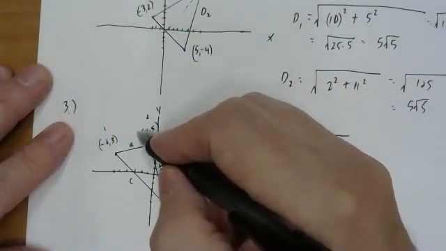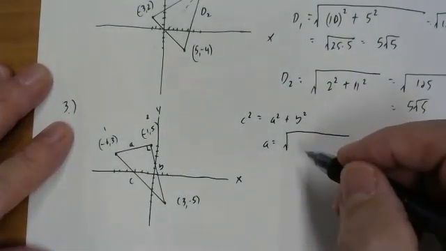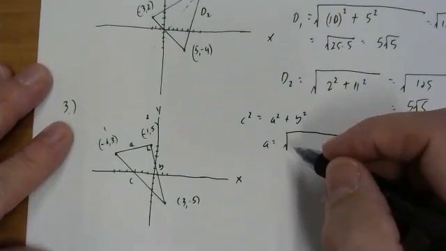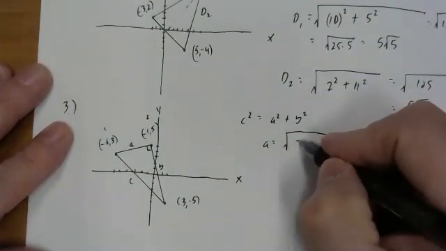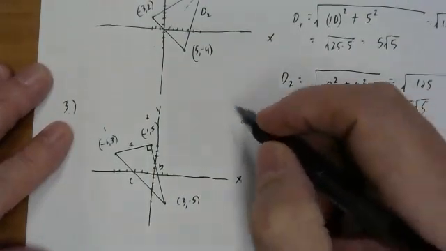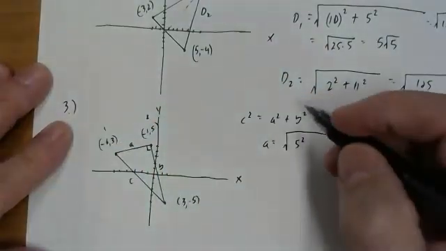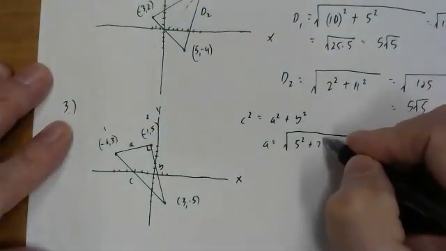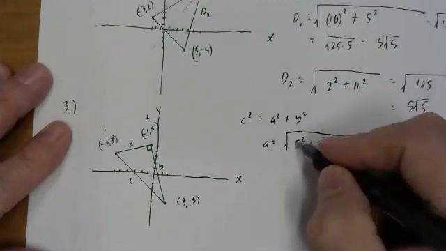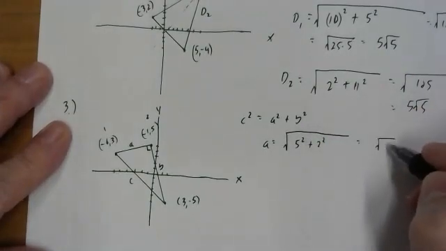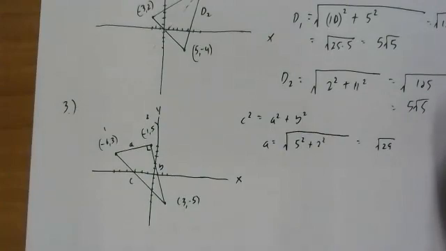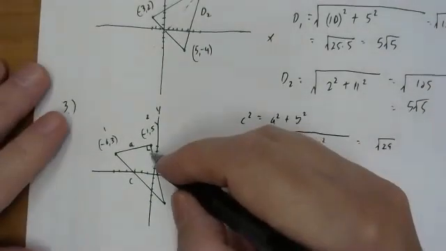So for the x it's -1 minus -6, -1 plus 6 should be 5 squared. And then 5 minus 3, 2 squared. 25 plus 4 is 29. Looks like A is square root of 29.